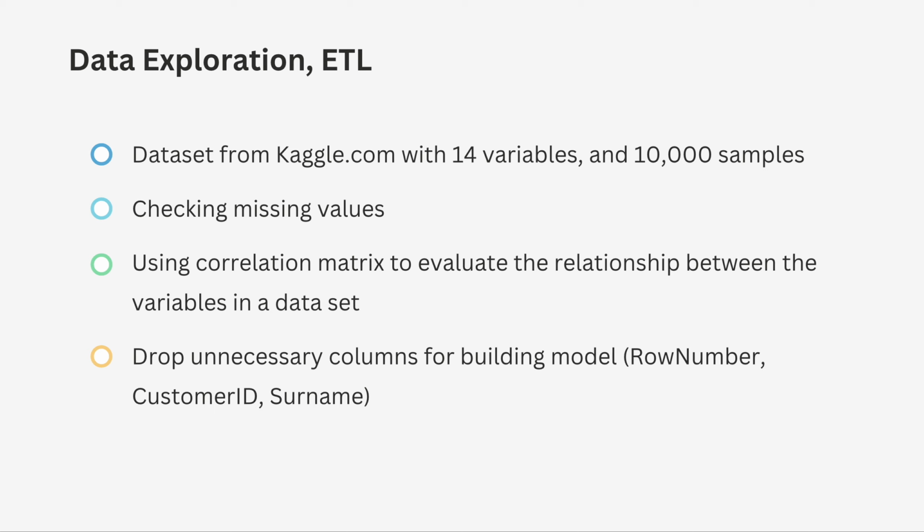If we have a few missing values, we can replace them by mean or median, depending on the dataset. But in this dataset, there are no missing values. For assessing feature quality, I'm using a correlation matrix to evaluate the relationship between the variables in the dataset. And then I remove unnecessary columns for building the model, which are row number, customer ID, and surname.